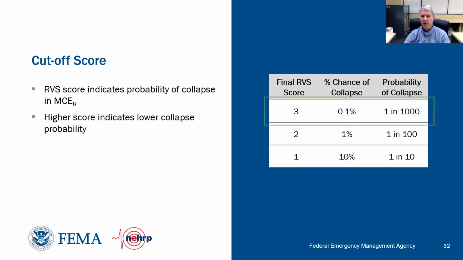If you have a final RVS score of 3, that reflects a 0.1% or 1 in 1,000 probability, given that level of ground shaking or seismicity our building is in. And so that's the cutoff score. Again, for normal buildings, generally the cutoff score is considered as 2. And if you have a more important building, then a higher number is looked upon, and that generally is 3.